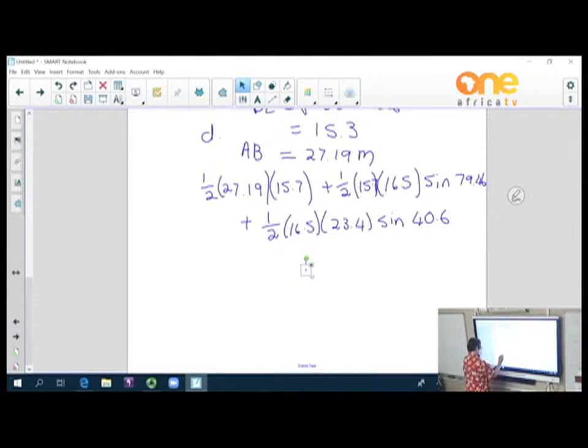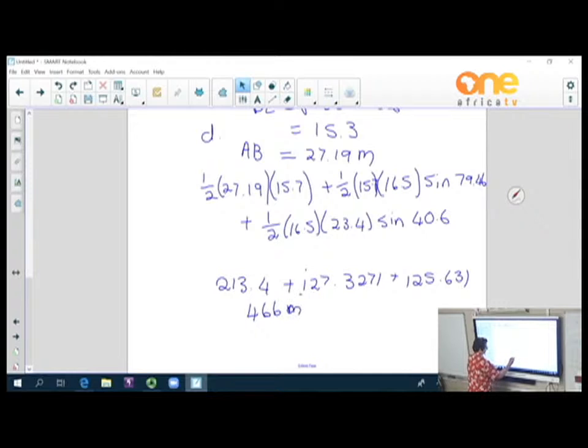And the answer is then, for the first one, 213.4 plus 127.3271. I don't round off now. I round off in the final answer, 0.631, and then if you add the whole lot, it rounds off to 466 square meters.